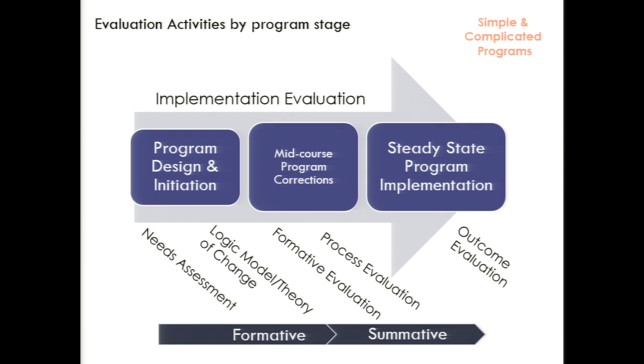Yeah. So let me just say something more about that, if you don't mind. The one reason why we don't do outcome evaluation on day 2 is because outcome evaluation requires a period of stability. So let's say in our outcome evaluation, we're going to follow 300 people, okay? If person 1, person 3, person 7, person 8 get a different program because you're still tweaking, that's going to mess up your outcome evaluation.